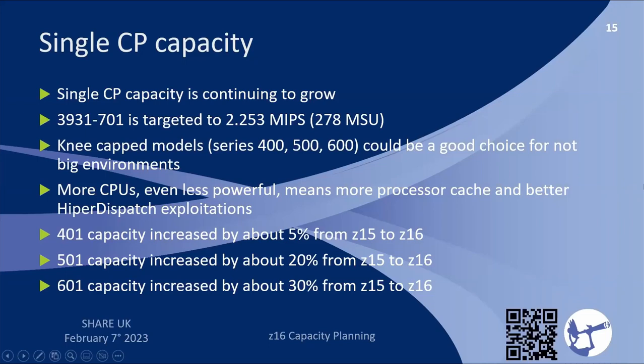About this slide, I just let you read the first two rows. On the third row, I say what I said in the premise, that NICAP models could be very interesting for those environments that are not very big. And the reason for that is that there is a mechanism that will reduce the clock speed of the general purpose processors.